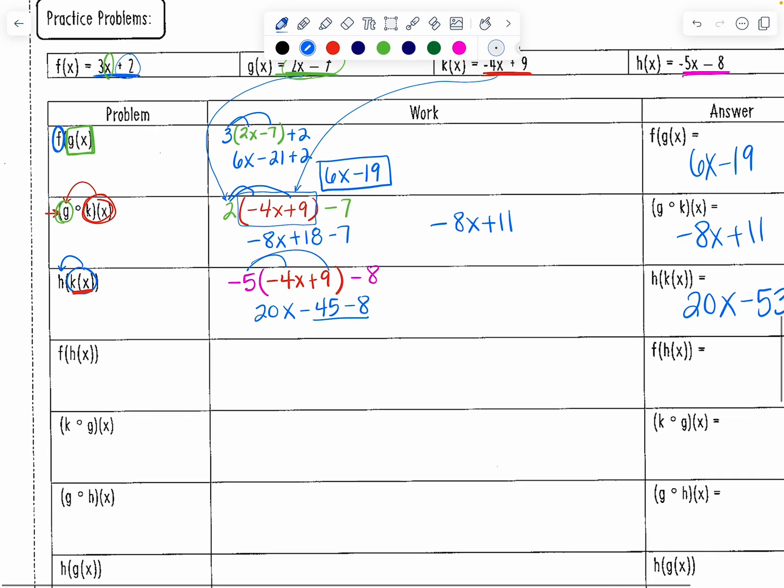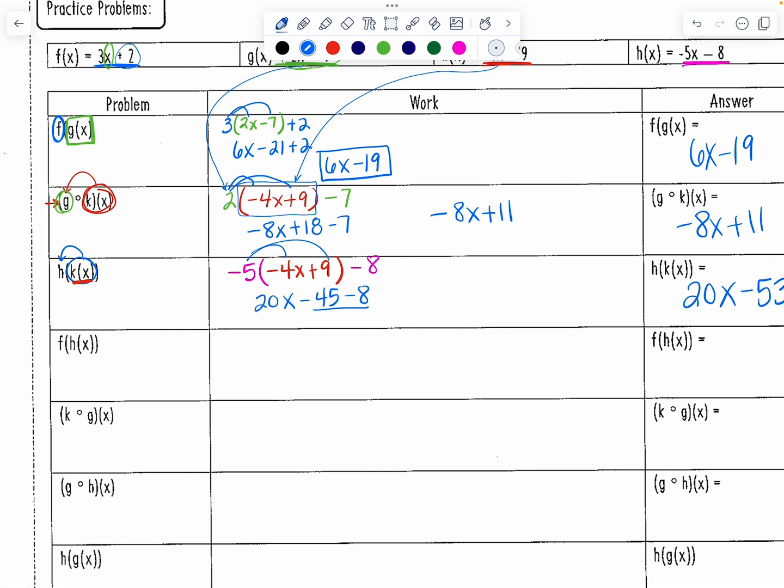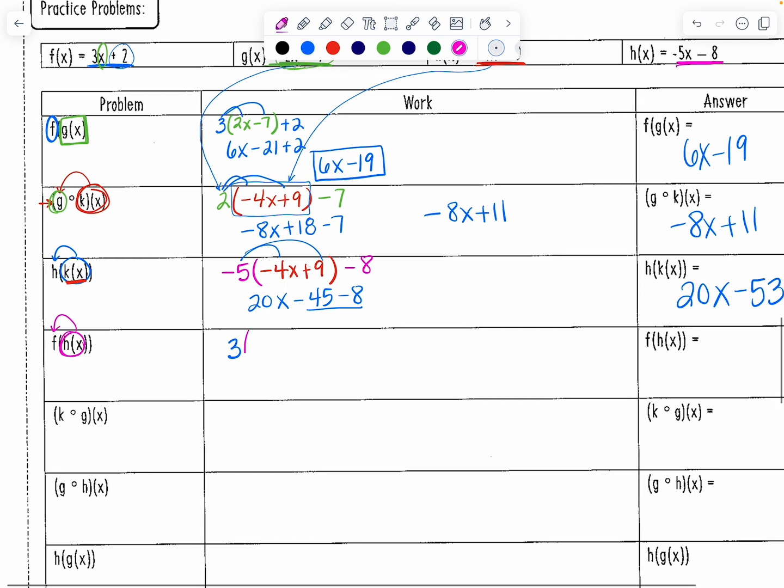All right, let's do one more. So we're going to start with our h function. So we're taking this function and we're putting it inside of the f function. So my f function, I'm going to start by writing that. So it starts with 3. And then it has an x, but instead of x, I'm going to substitute in my h function. So I have -5x minus 8.